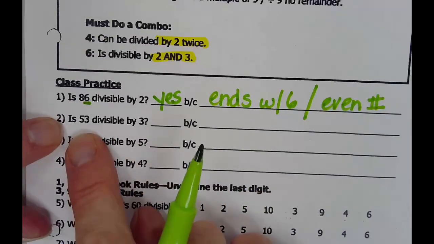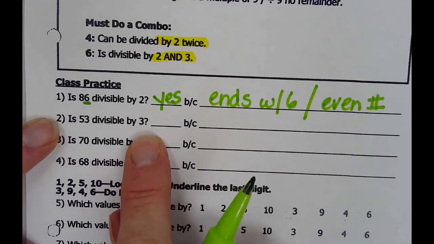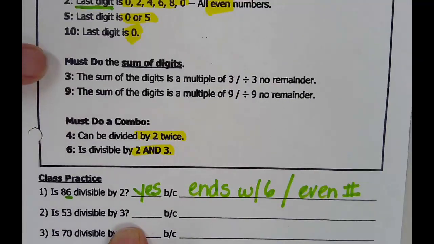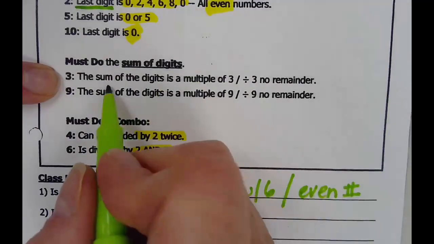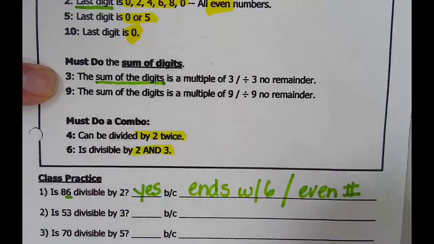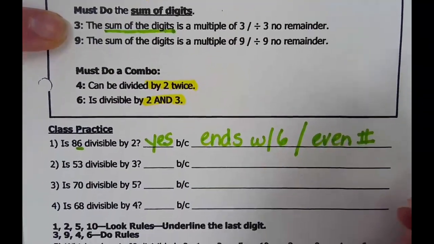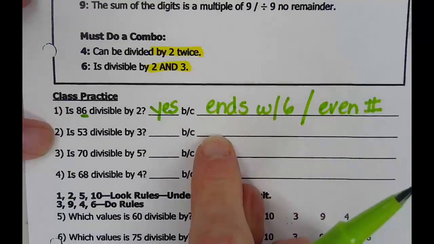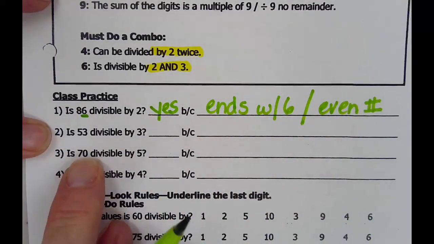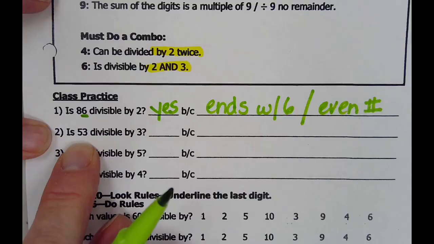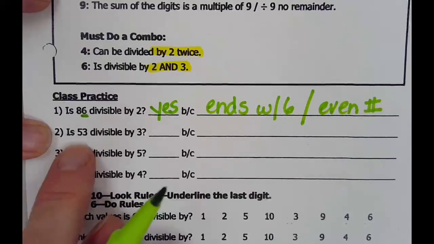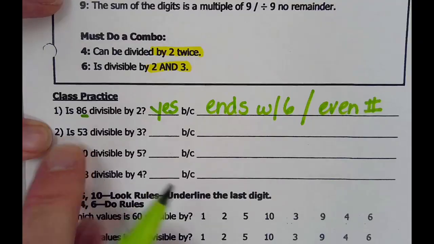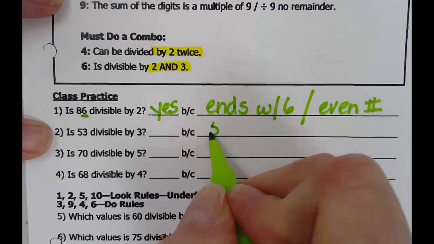Now, is 53 divisible by 3? Let's go back. How do we decide if a number is divisible by 3? What do we have to do? Sum of the digits. So on the line, let's put our digits. What are the digits in the number? 5 and 3. What am I going to do with them?